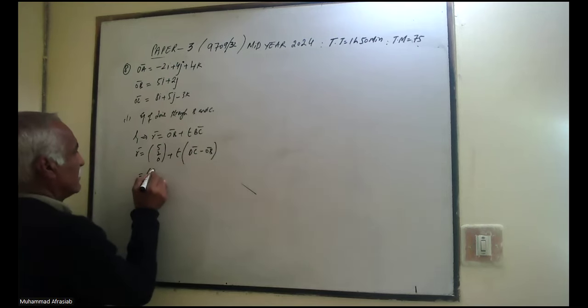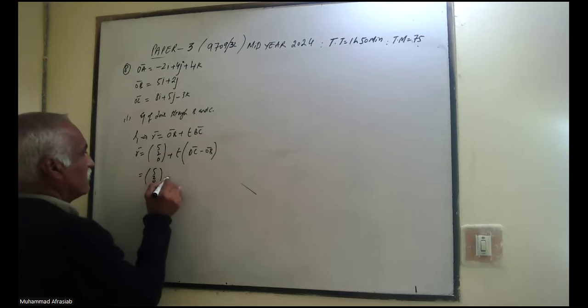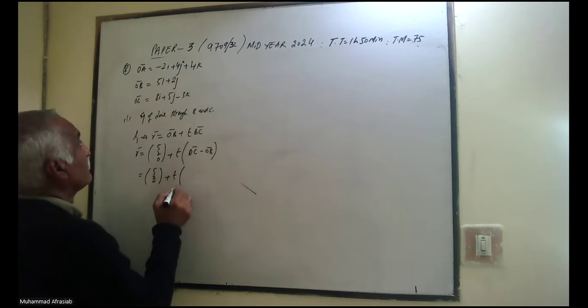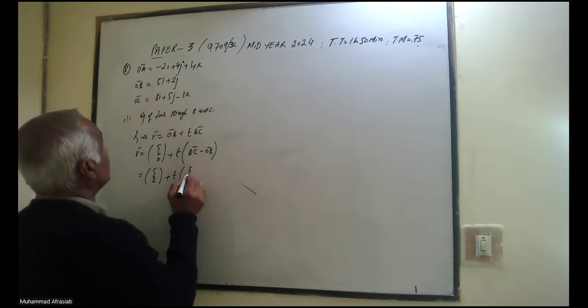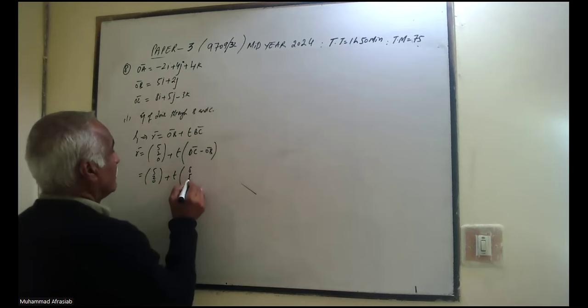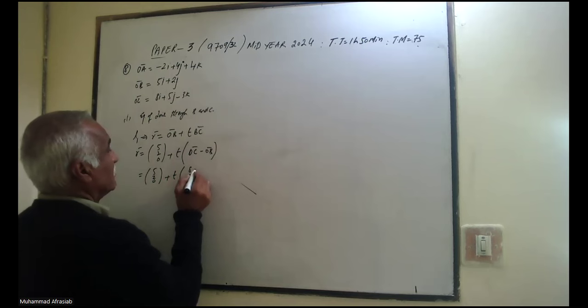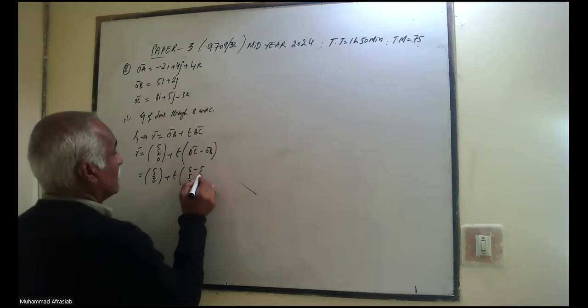So that is written as (5, 2, 0) plus t times (8, 5, minus 3) minus OB, that is (5, 2, 0).